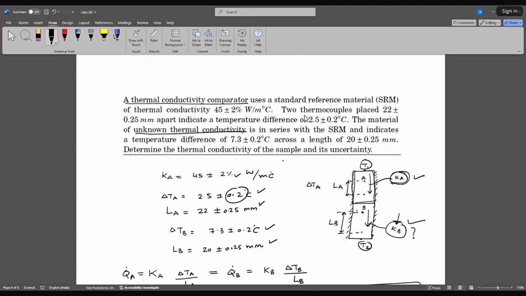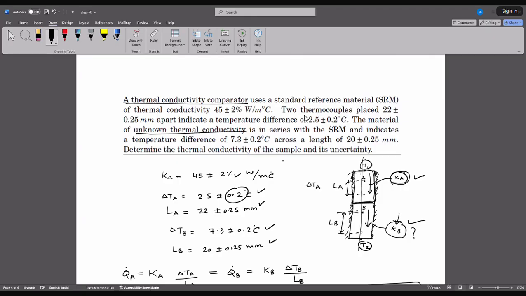So what you do is, you make both the standard material and the sample in the form of rods, and you place the sample on top of the standard material. They make metal to metal contact here. All around you insulate this perimeter, for example with cotton wool.